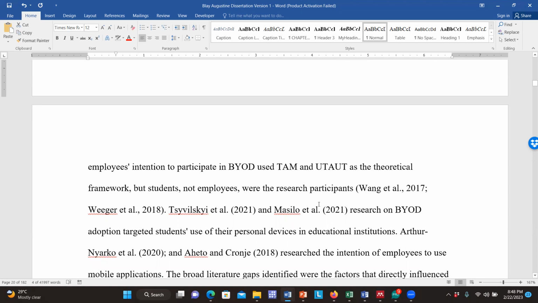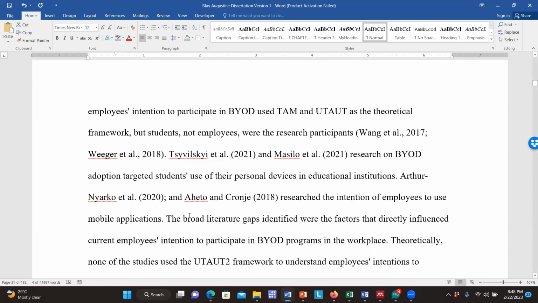You see how he creatively crafts the gap, all right? Then he says that this guy researched BYOD adoption by students, the use of their personal device in educational institutes. Then he said Arthur and this guy researched the intention of employees to use mobile applications.